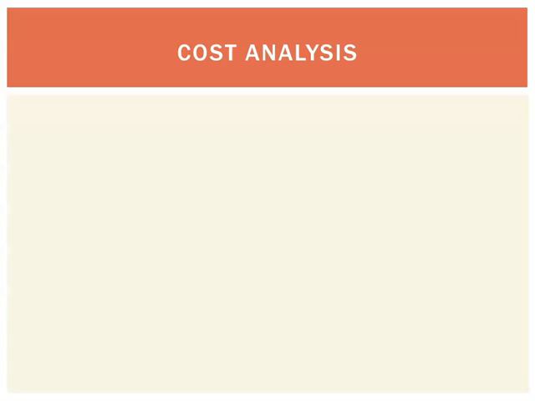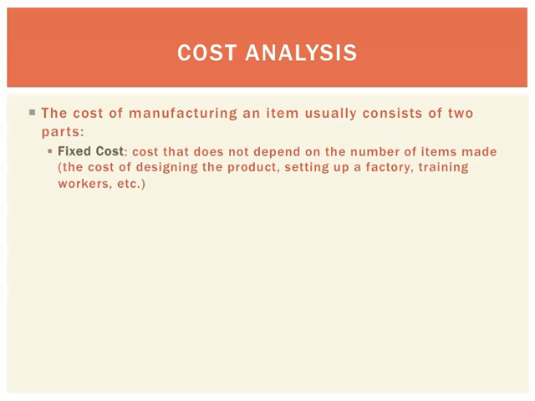So usually there are two parts. One is what we call a fixed cost, so cost that does not depend on how many items are made. So for example, it could be the cost of designing the product, setting up a factory, training workers, etc. But they are fixed costs.